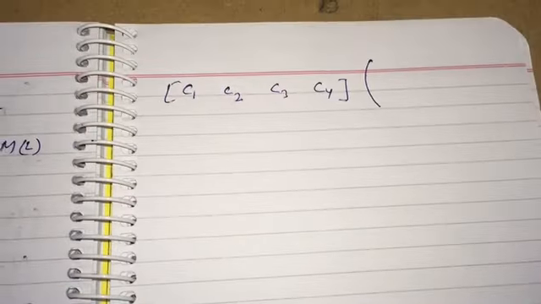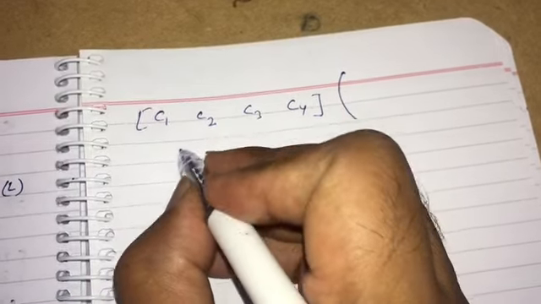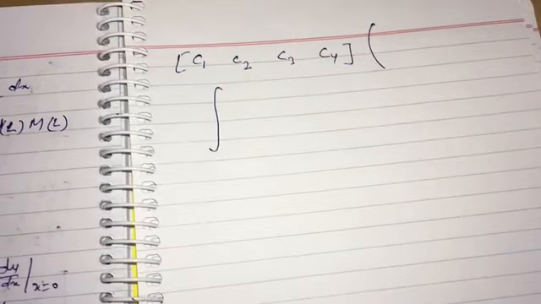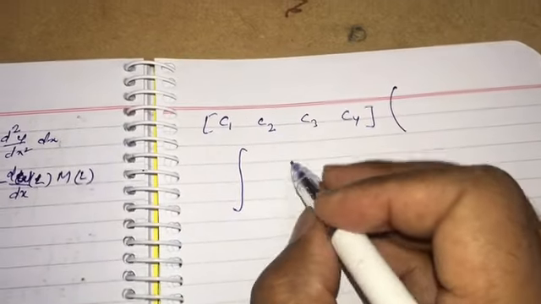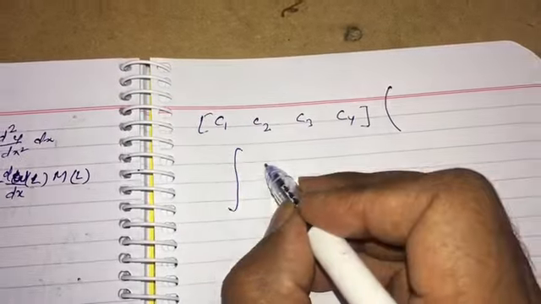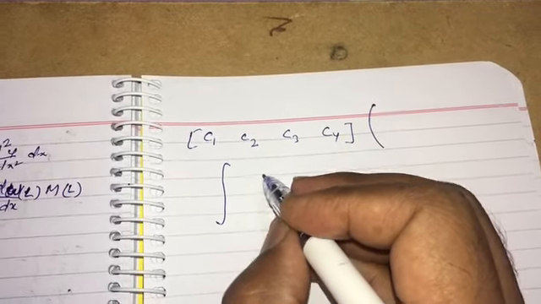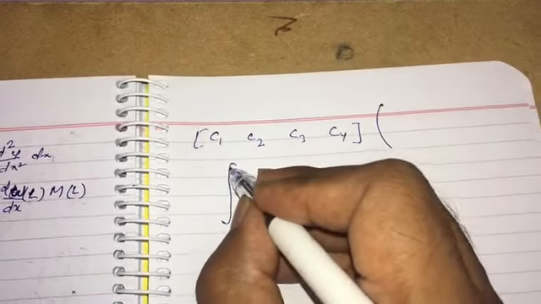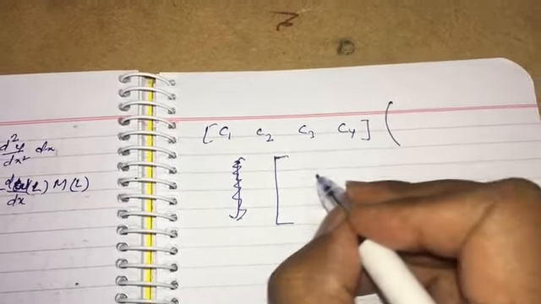Then we will get the integral, and there will be a matrix. Which matrix? There will be a K matrix actually. So instead of writing it out like this, we say this is a K matrix.